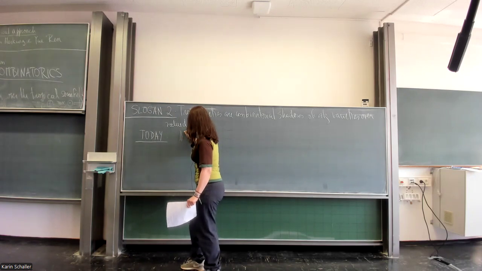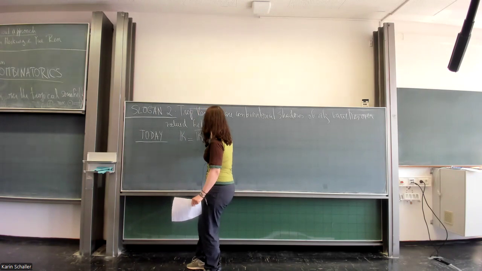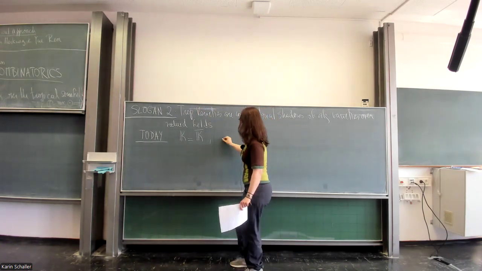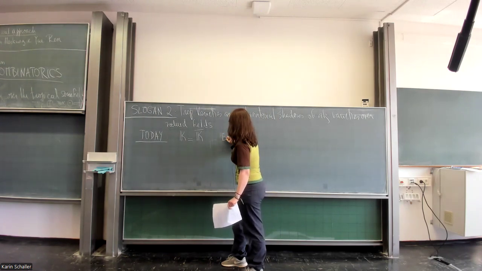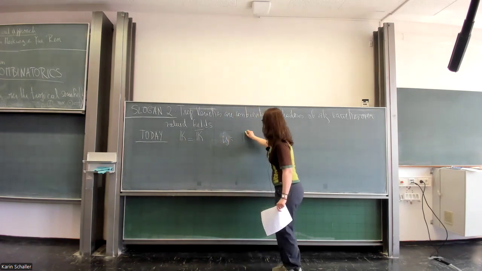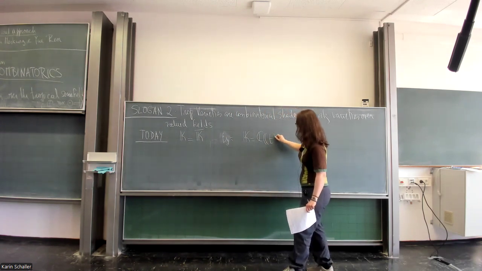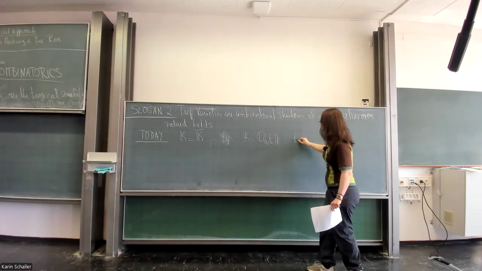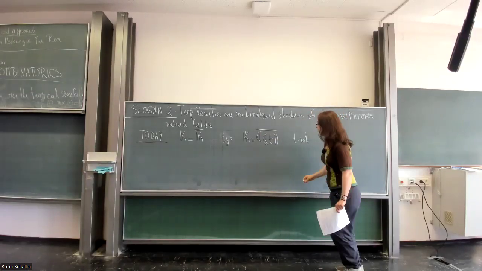I'm going to consider algebraically closed fields, and my example is going to be the field of Laurent series with the t-valuation, and I'm going to consider its algebraic closure.